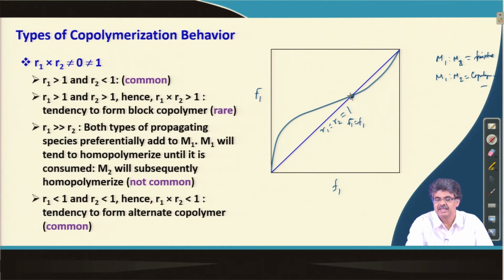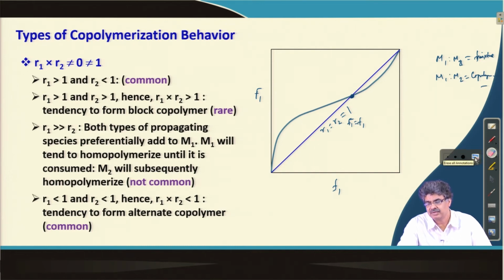So, basically in this case now there will be no further change in composition, because the two monomers are getting consumed to the same extent as their current or instantaneous molar ratio present in the mixture.